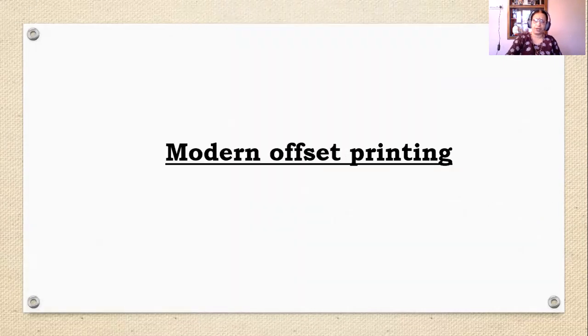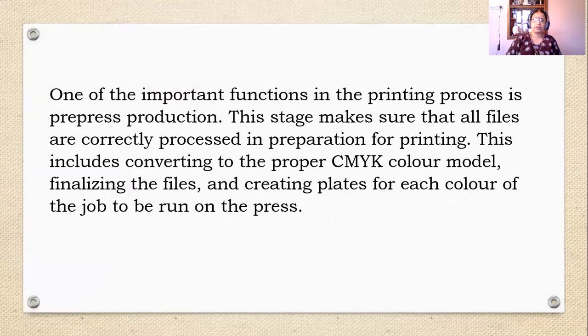Modern offset printing. One of the important functions in the printing process is the pre-press production. This stage makes sure that all files are correctly processed in preparation for printing.